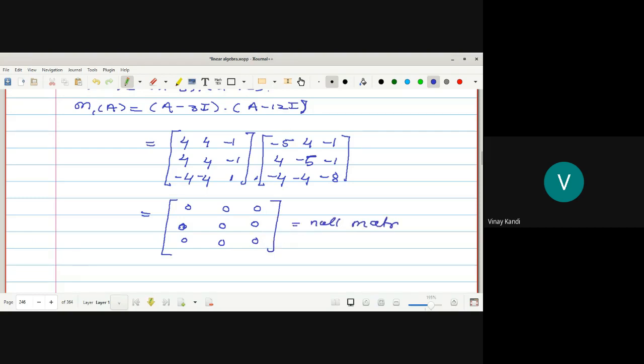Okay, hence m1 of A is equal to the null matrix.